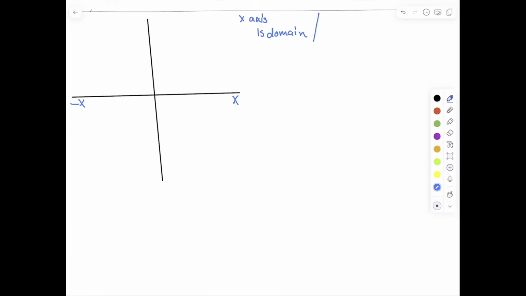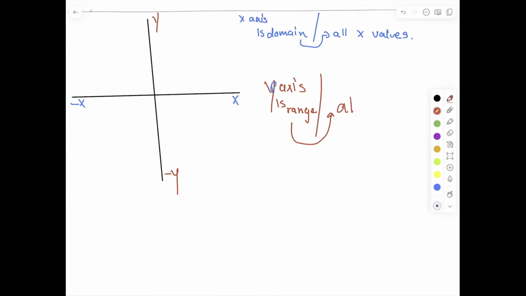Domain is all x values. So what is range? Well, range is the y-axis. And what does that have to do with? Well, that is all y values.